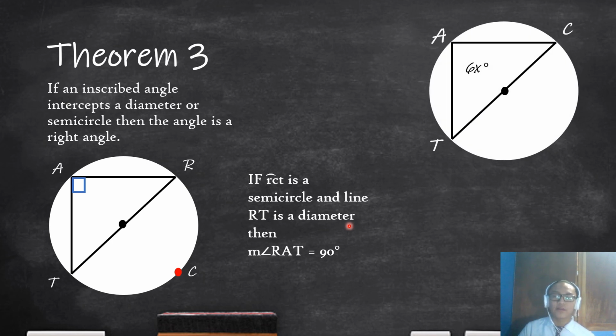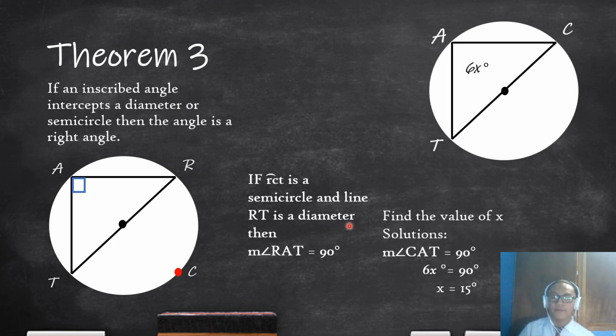So here in our example, we will be finding the value of x. So here in the solution, the measure of angle CAT equals 90 degrees. So we will be substituting the measure of angle CAT, which is already given as 6x. So 6x equals 90.